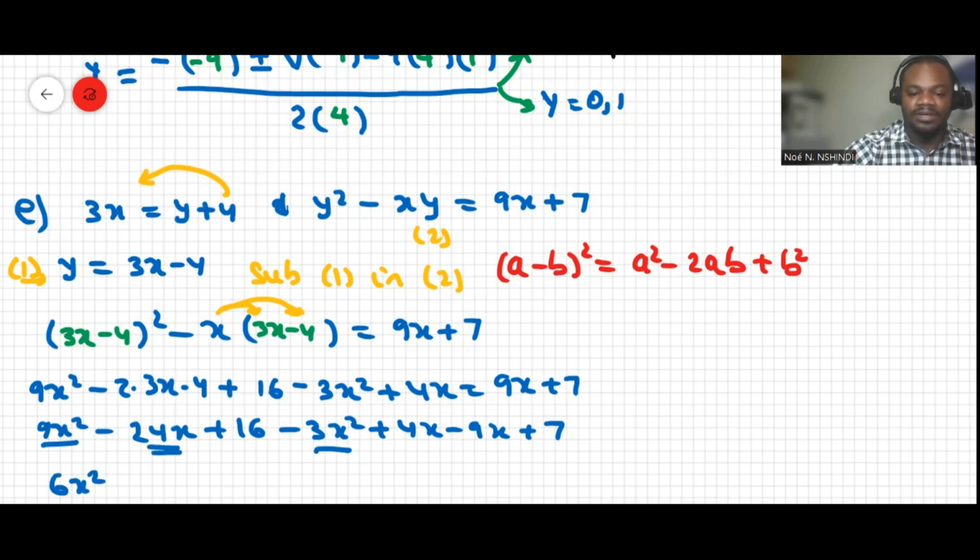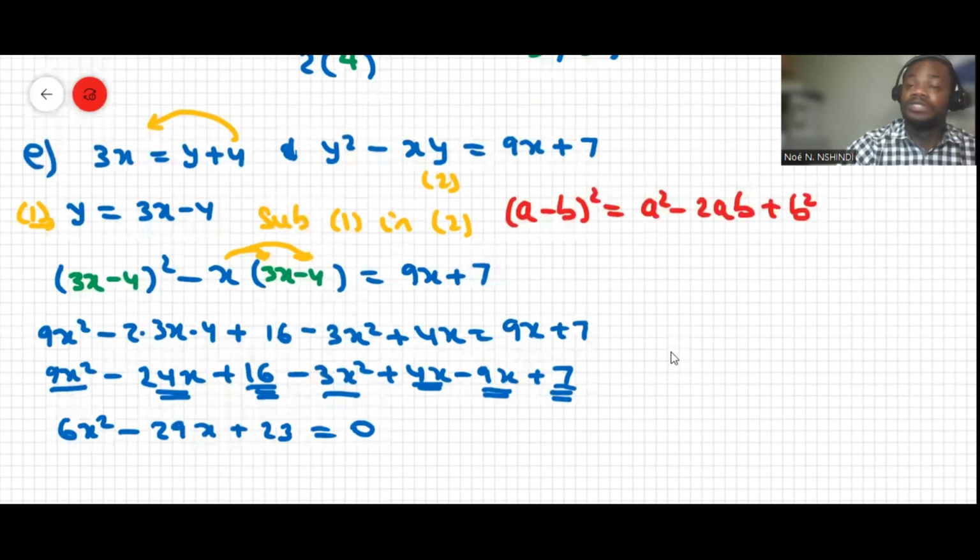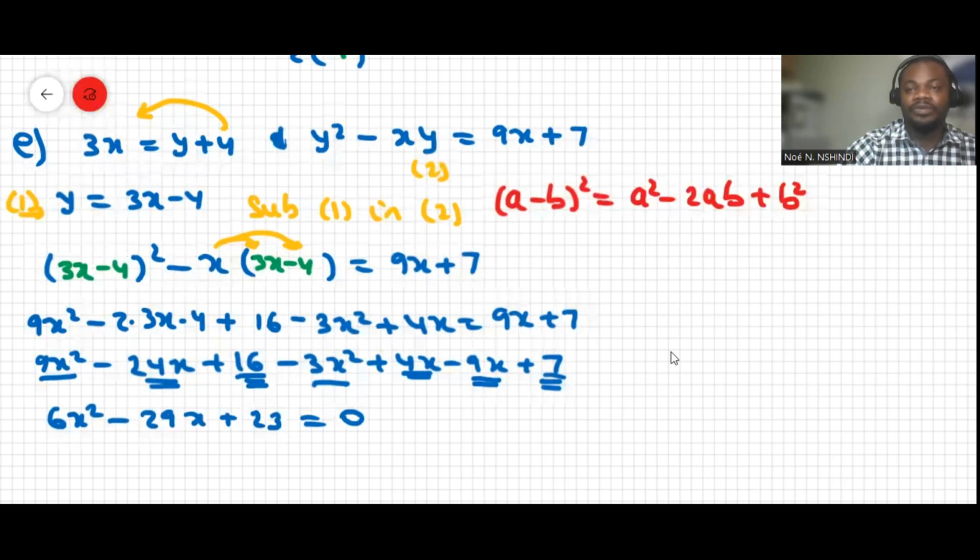This one and that one makes negative 29x, and then 16 minus 7 is 23. Plus 23 equals 0.